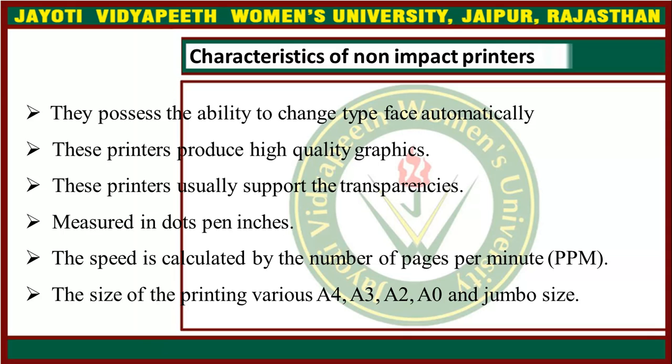These printers produce high quality graphics. They usually support transparencies, with resolution measured in dots per inch. The speed is calculated by the number of pages per minute. The size of printing varies: A4, A3, A2, A0 and jumbo size.